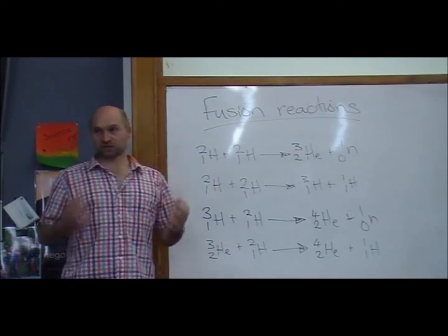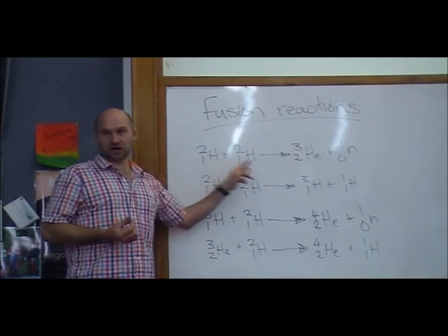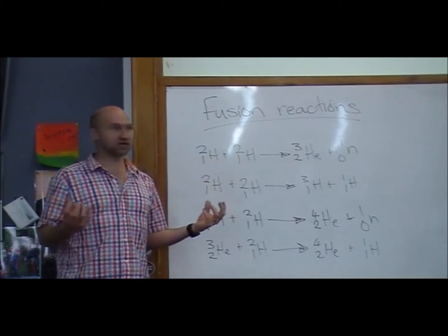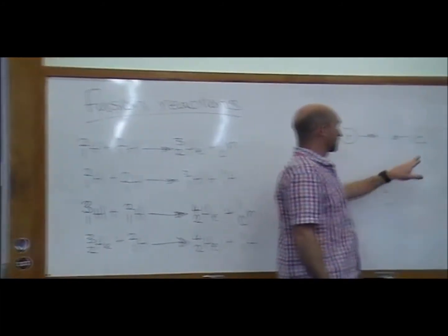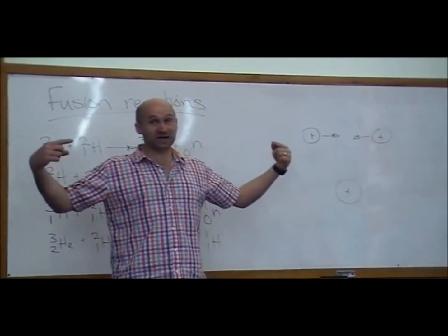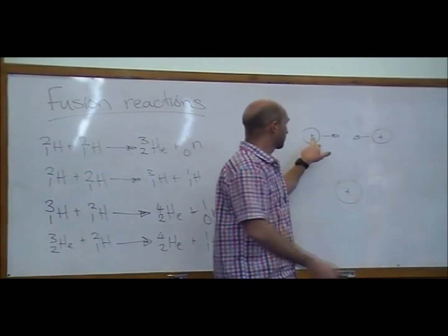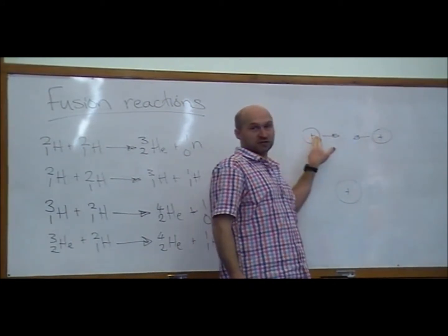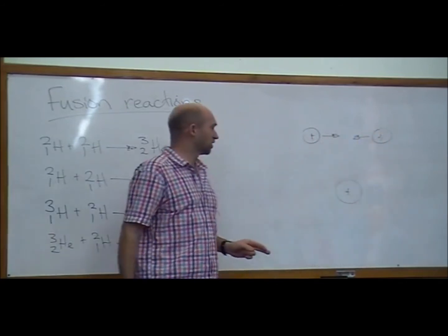However, fusion comes with a few problems. These hydrogen nuclei both have positive charges, so if we want to get a hydrogen nucleus to collide with another hydrogen nucleus, we've got to have them zooming together really fast, because there's going to be electrostatic repulsion, which we call Coulomb repulsion, between those two nuclei.